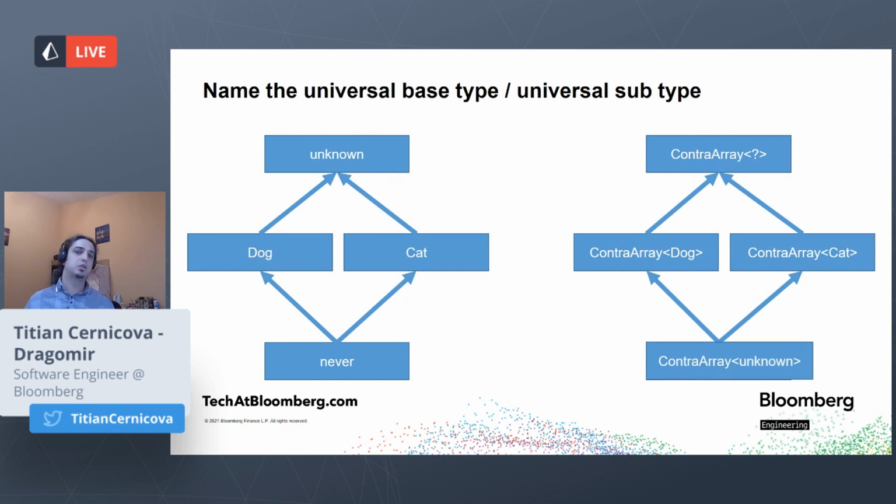So that means that actually contravariant array of unknown is the subtype of all contravariant array instantiations. What is the base type? Well, that's actually going to be contravariant array of never. So if we want a type that we can always assign a contravariant array of dog or cat to, that's going to be contravariant array of never.